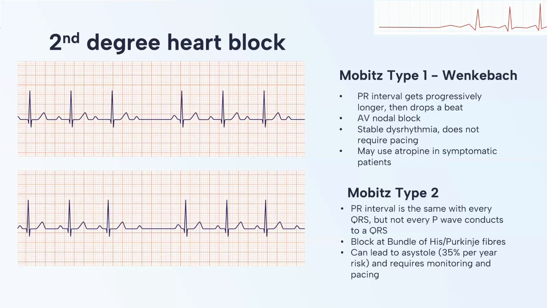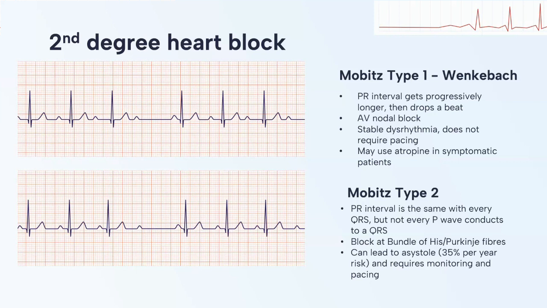The pathophysiology behind this prolonging PR is a reversible conduction block at the AV node. This happens because the AV nodal cells that are supposed to conduct the beat are getting fatigued.